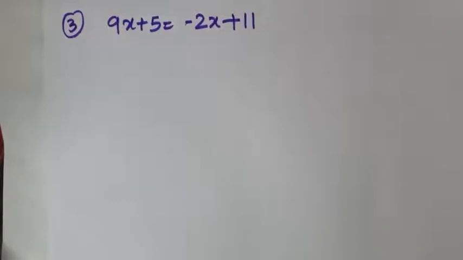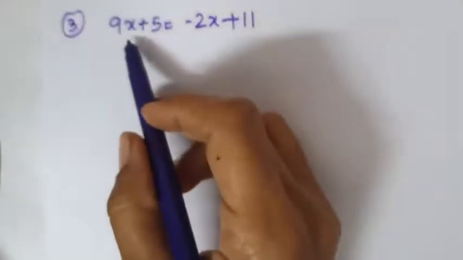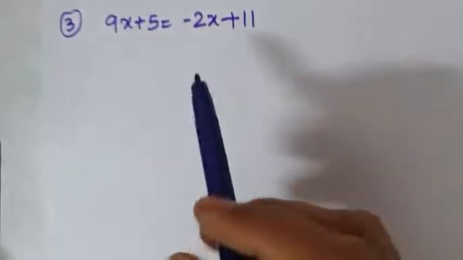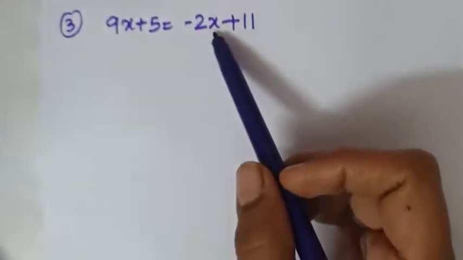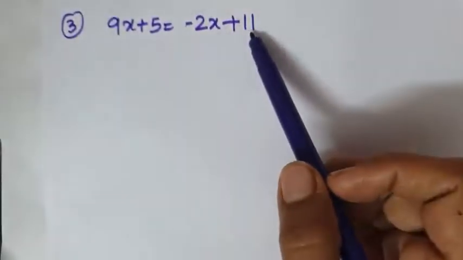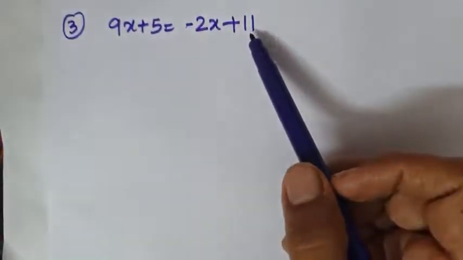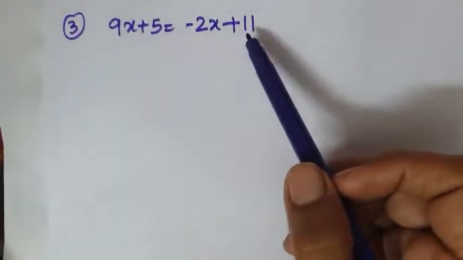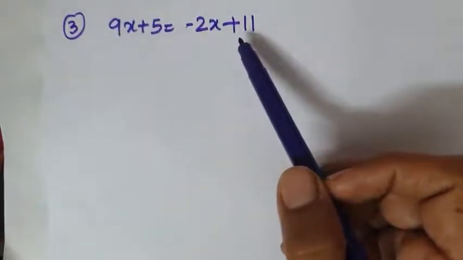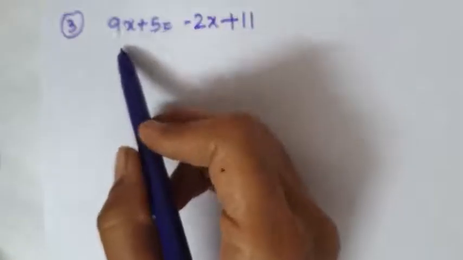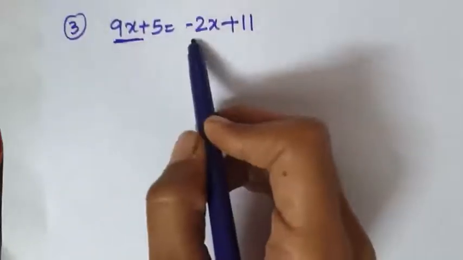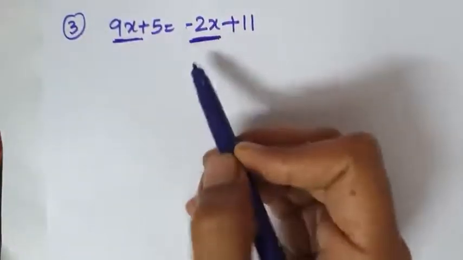The next question is 9x plus 5 is equal to minus 2x plus 11. Now children, what you will do? First of all, if you see carefully, there are two terms having variables.